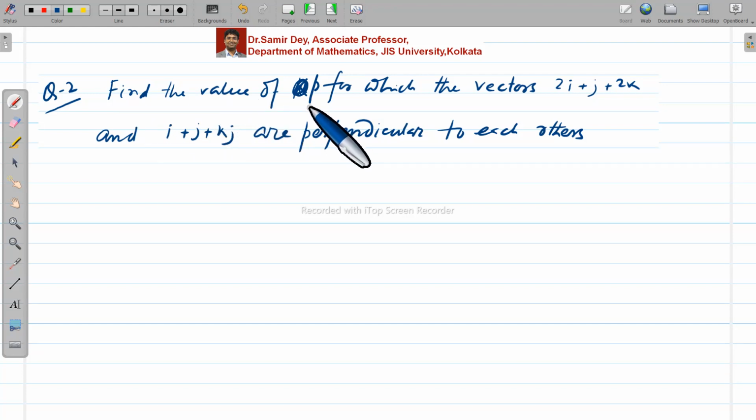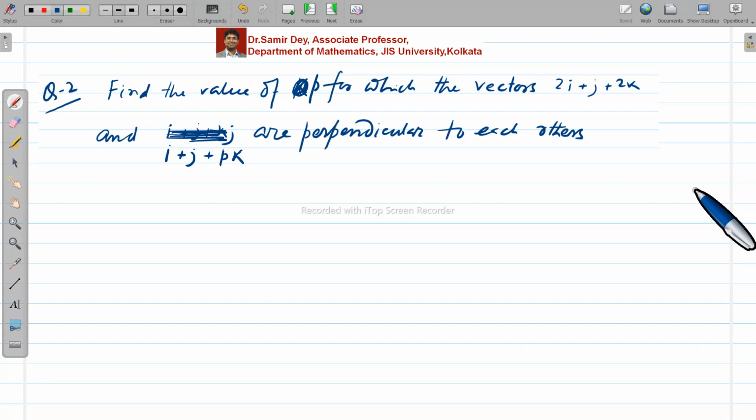Find the value of p for which the vectors 2i plus j plus 2k and i plus j plus pk are perpendicular to each other.